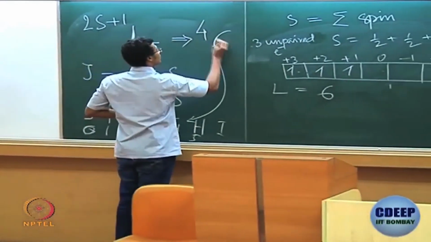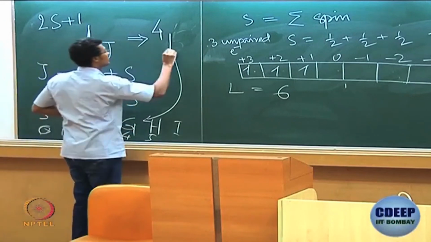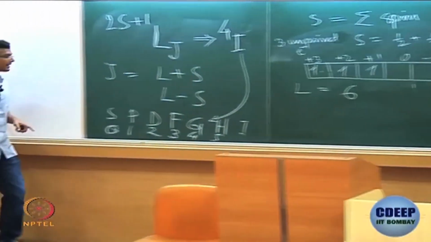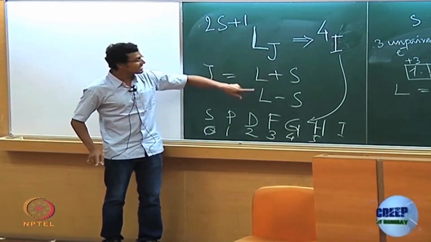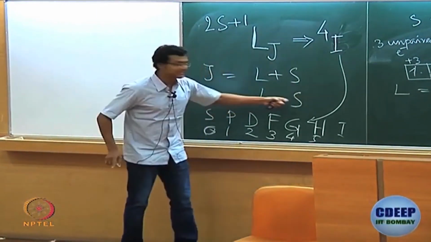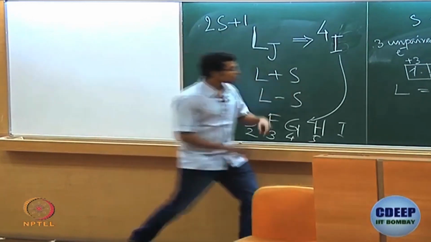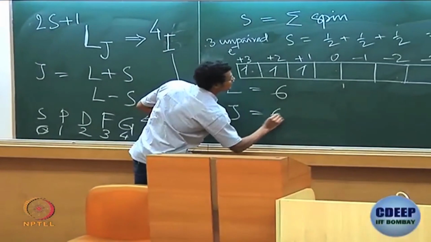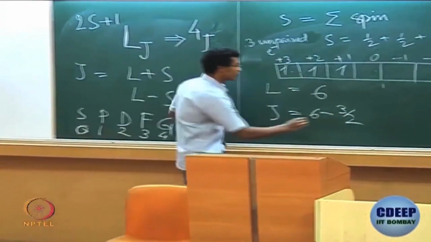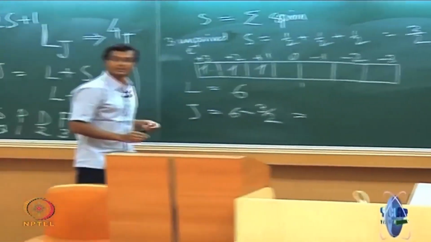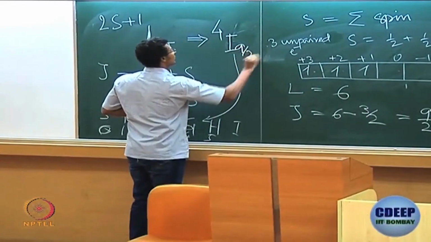And 6 is going to be I. I will come back and explain in a moment. And J is L minus S for the less than half filled configuration. So J in this case will be 6 minus 3 by 2, that is going to be 9 by 2. So this is going to be your term symbol.